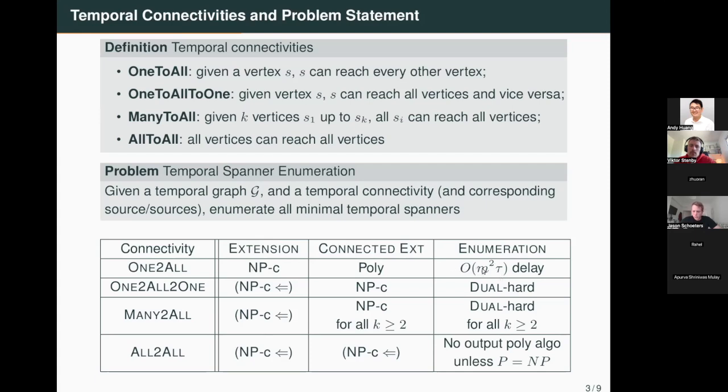Here m is the number of edges of the graph, and tau is the lifetime of the temporal graph. Then we obtain dual hardness for these two other ones. And then finally, for the all-to-all version, we obtain this very negative result, which I talked about before. So let's see how we obtain these results.